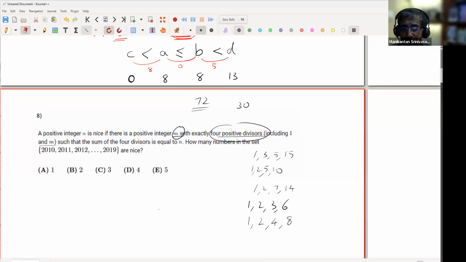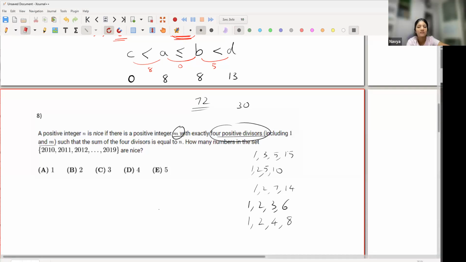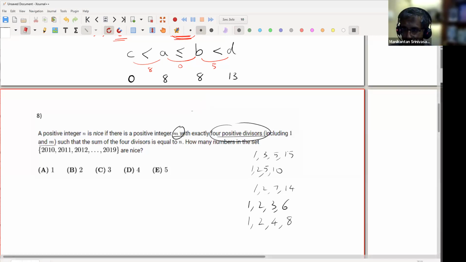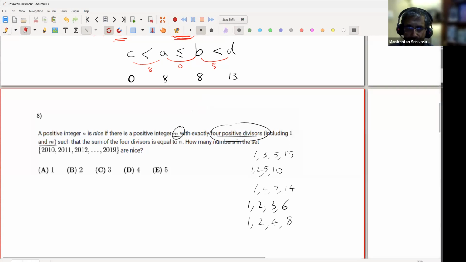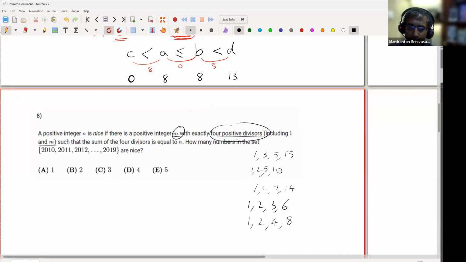For example, if you take 15, 3 and 5 are prime excluding 1 and 15. Okay, so formulate it better. You're almost there, but repeat what you said once more properly, Navya. Basically, excluding 1 and the number itself, the other 2 divisors must be prime in order for the number to have 4 divisors.